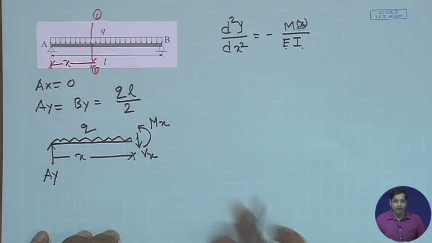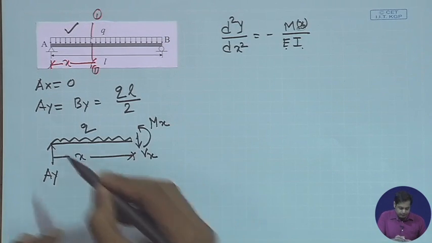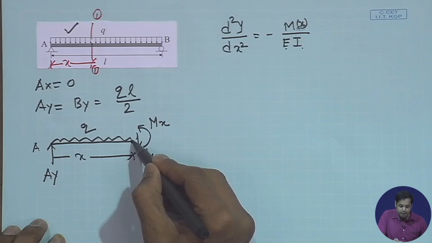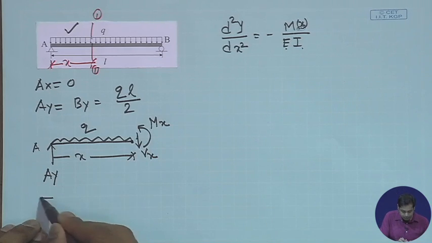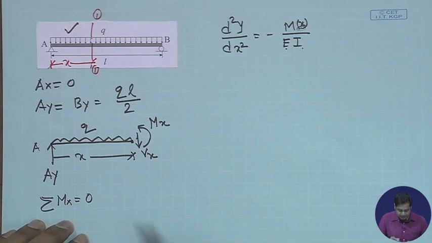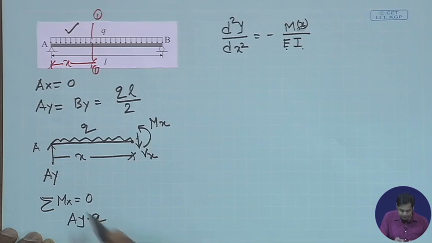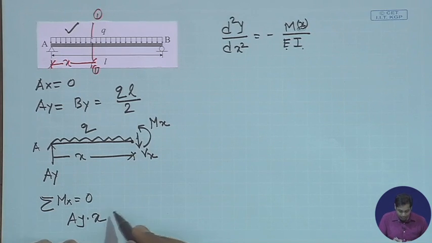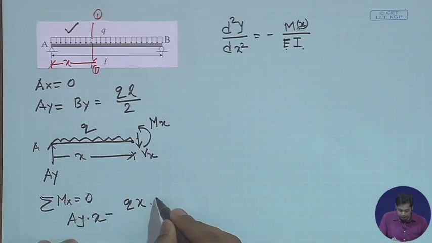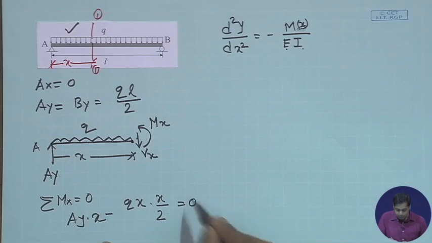This is the free body diagram of this part. Now, if we take moment about this point, summation of M equal to 0 gives us Ay into x, clockwise, minus qx, which is the total load, into x by 2, that is equal to 0.